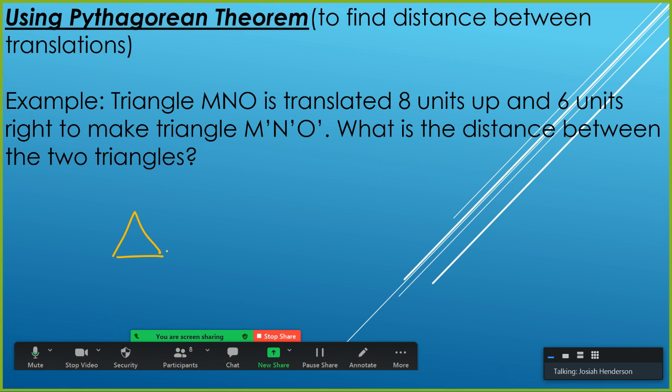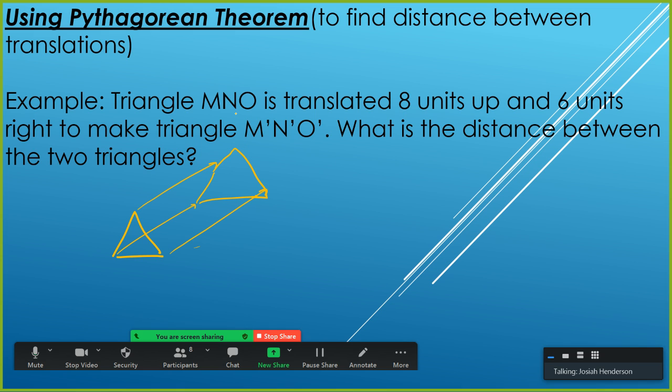What's the distance between the old one and the new one after we do like an up and over or down and over? And we can use Pythagorean theorem to find out how much that is.